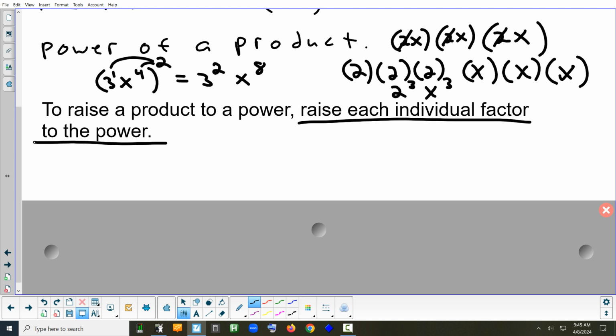Okay, so to raise a product to a power, we're going to raise each factor to the power. All right, does everybody have the rule written down?